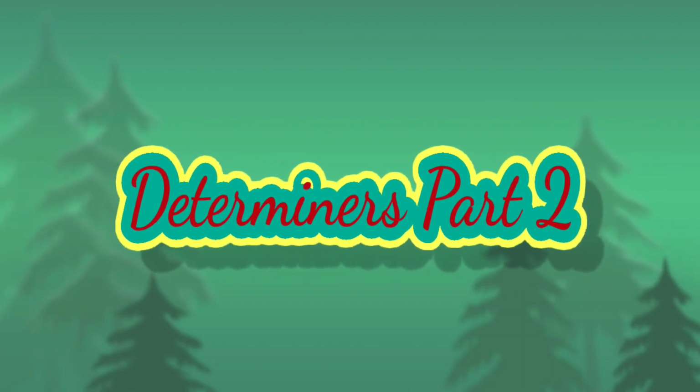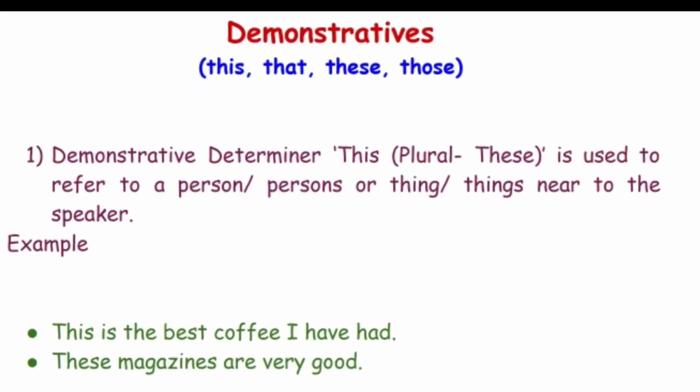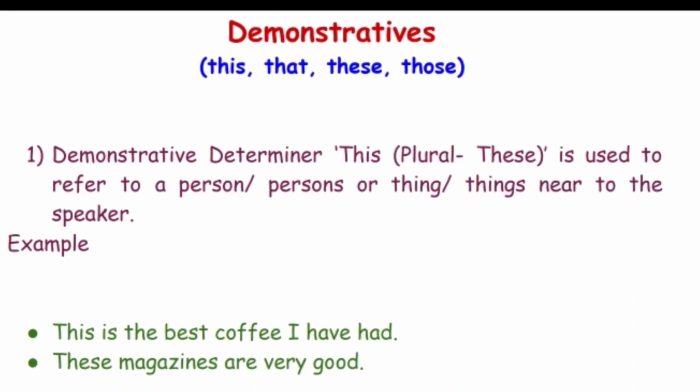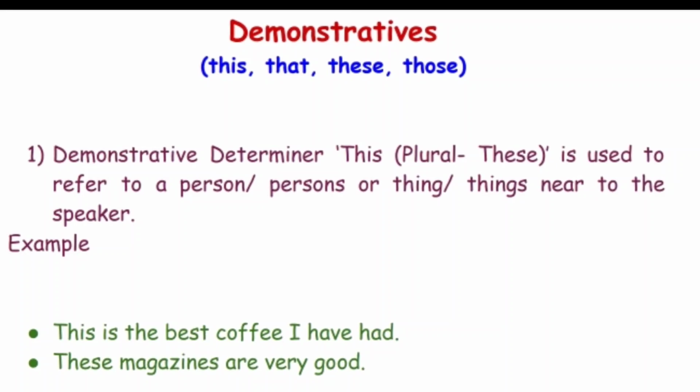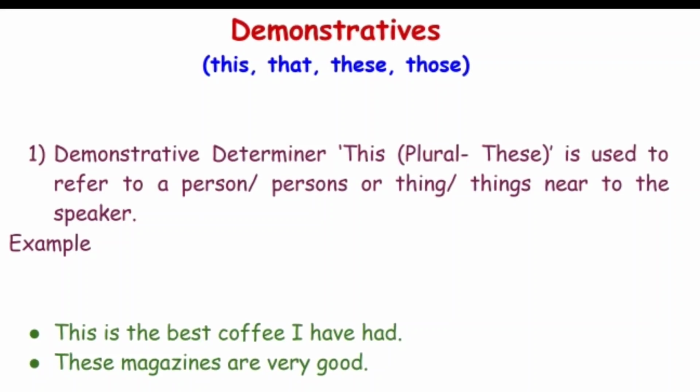The very first thing I am going to take up is the demonstratives. So friends, as we all know, this, that, these are the demonstratives. As we all know very well, this, that is the singular of these.